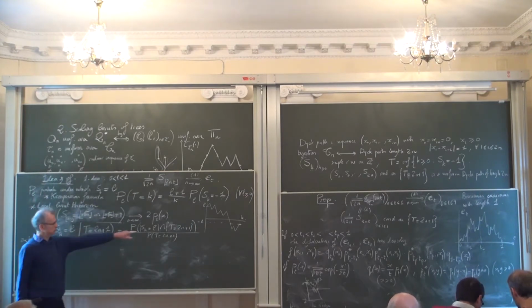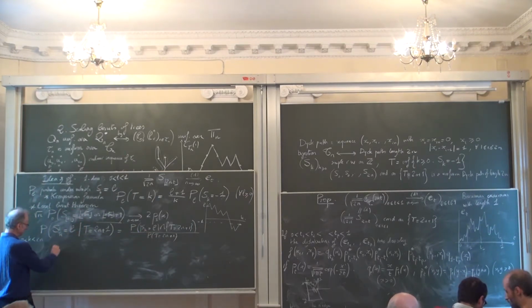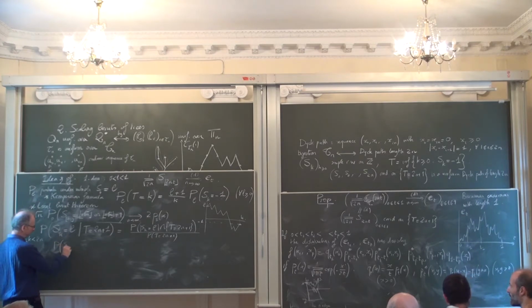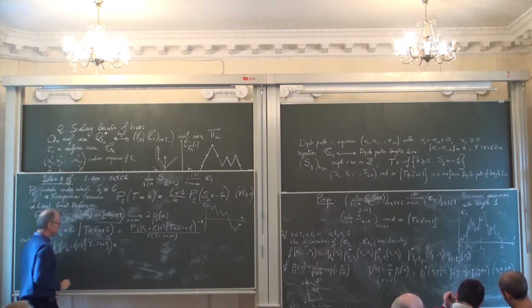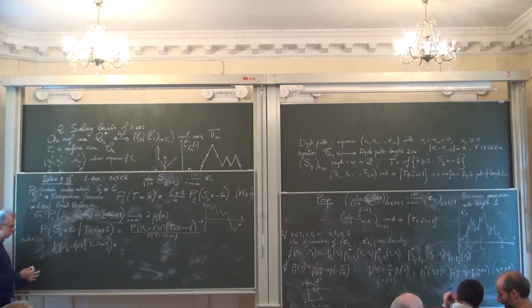And now I want to study this quantity. Okay? And what I'm saying is that this probability, how can I compute it? Well, I use the Markov property of my random walk.